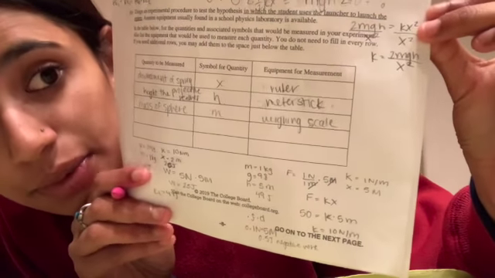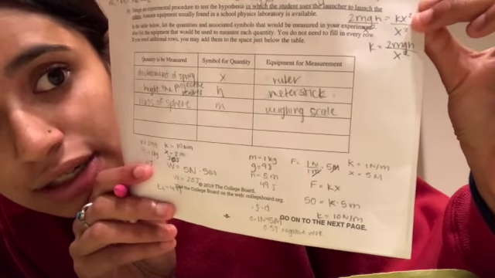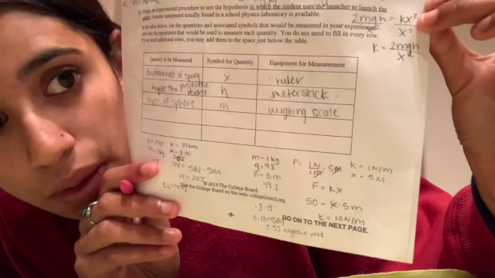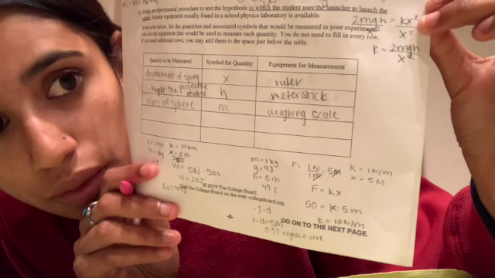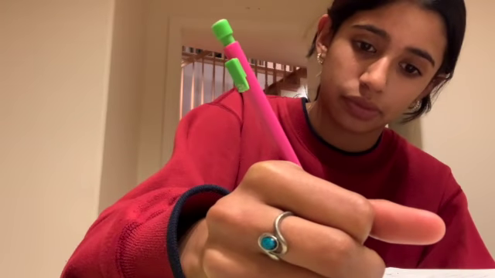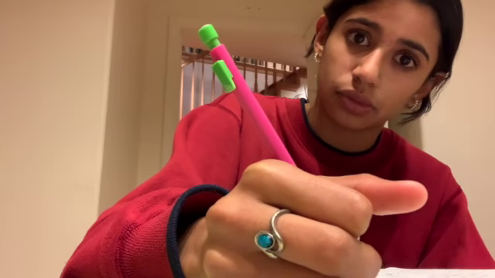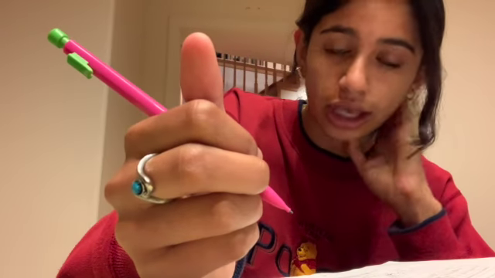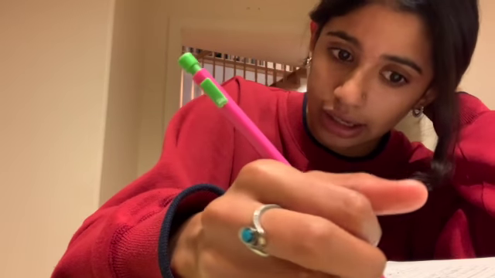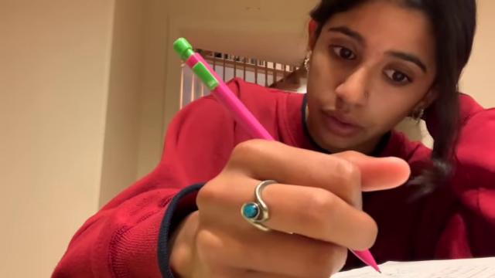And then the next thing that we would do, as you can see, I did that, is divide by x squared. Yes, we would divide by x squared to get k on its own.